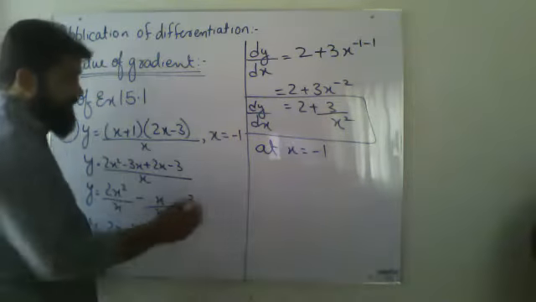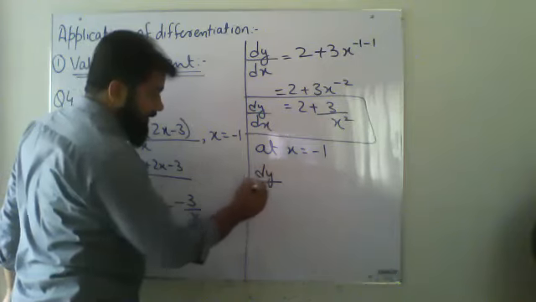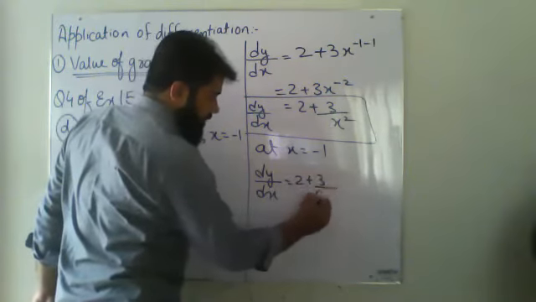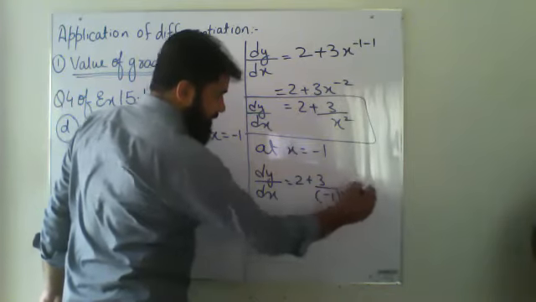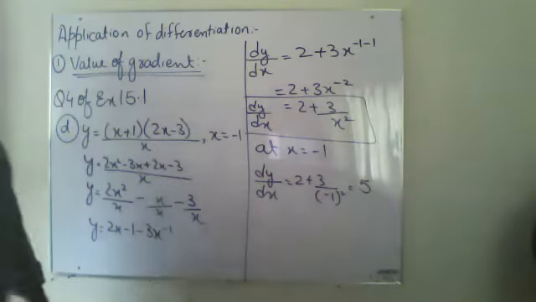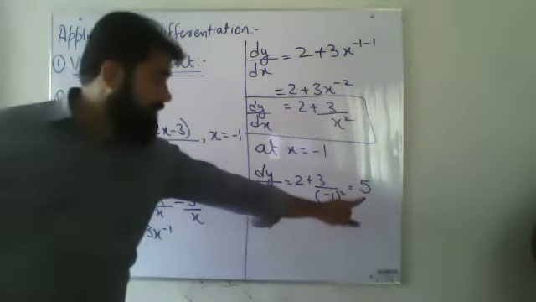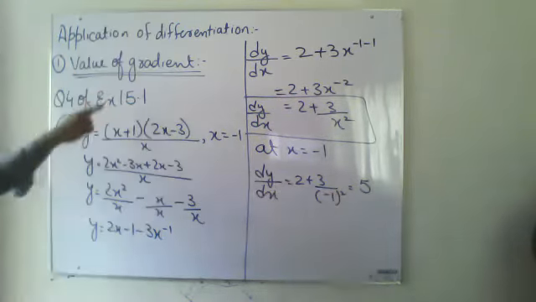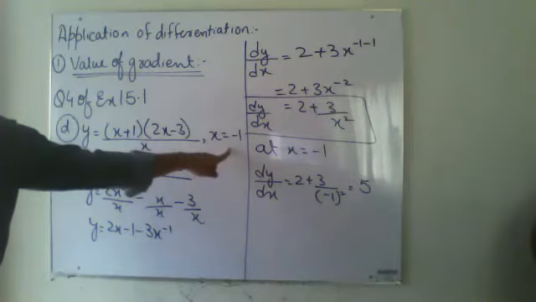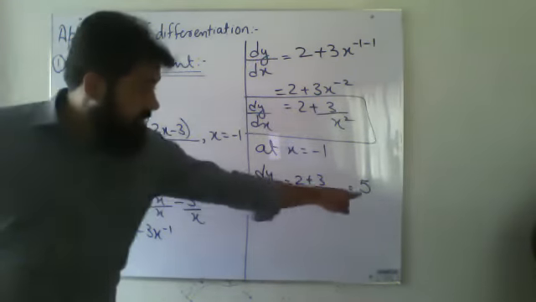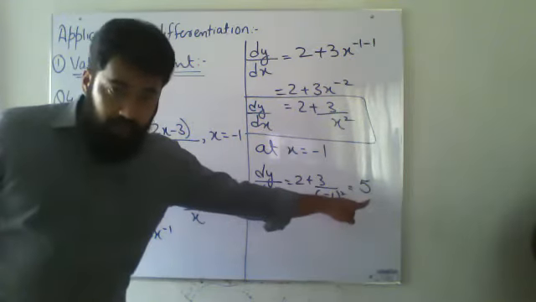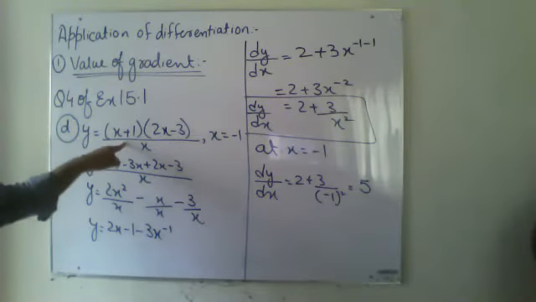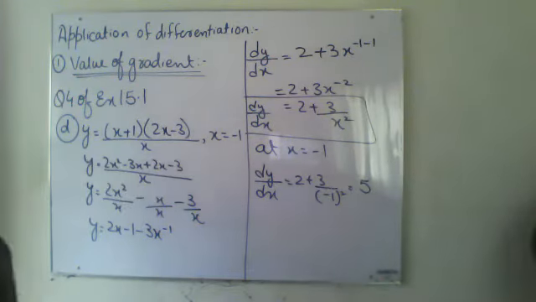So how am I going to find the value? dy over dx equals 2 plus 3 over minus 1 whole squared. Simplified, the answer will be 5, and this will be the gradient of the tangent to this curve at this point.